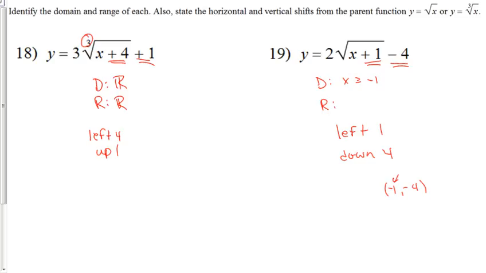And our range, since our vertical stretch is going up, is y greater than or equal to negative 4. That's the y number. So the x goes with the x number, the y goes with the y number. X is always going to be greater than or equal to, in our case, in this class, and y is dependent on whether we are graphing up or down.